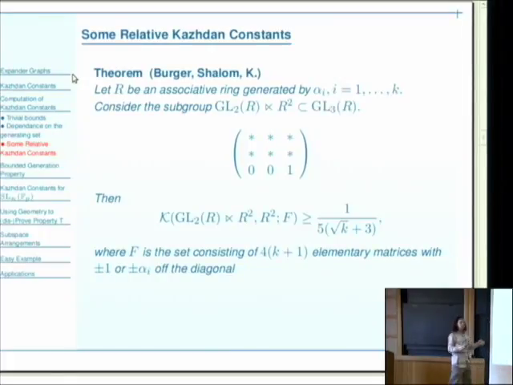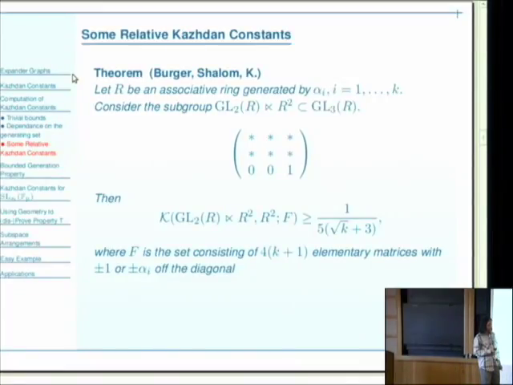This is a natural generating set for this group. You take 2 by 2 elementary matrices where you put plus or minus 1 or plus or minus a generator of the ring off the diagonal, or you put 1 here or 1 here, and that's it. So you have a relatively small generating set. I don't know how many elements you have. Put 1 here, you put 0.